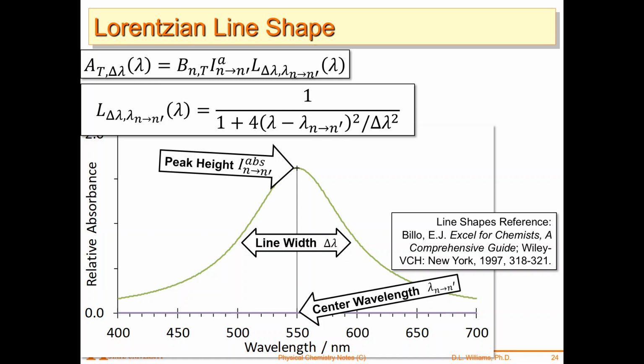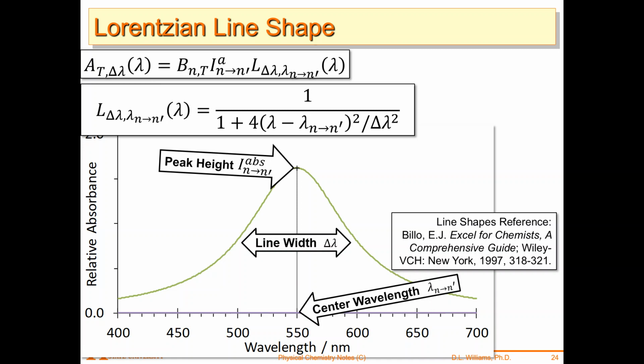Okay, Lorentzian has another name for it as well, and it could be confusing, so everybody wake up. The other name for the Lorentzian is the natural line shape. Natural. Yeah. Okay. Because it's related to nature. The Lorentzian line shape is that Heisenberg uncertainty principle, the result or ramifications of being a little uncertain as to the location of those energy levels.